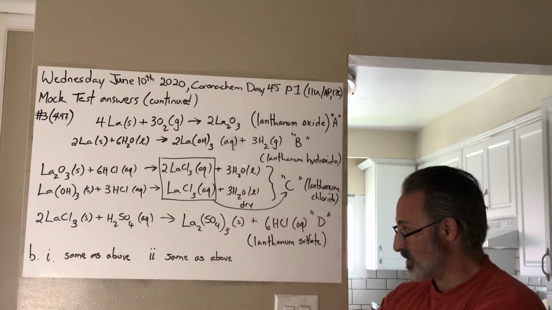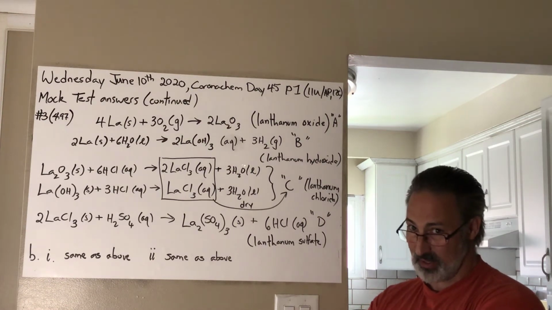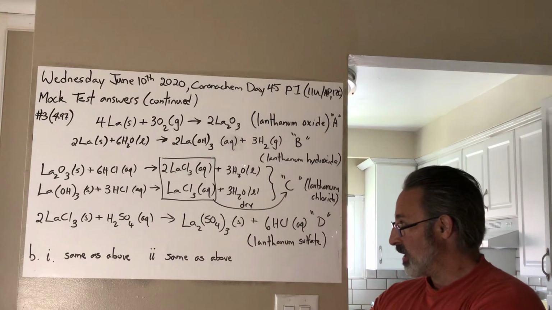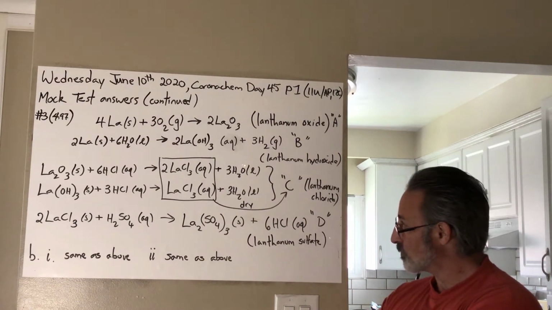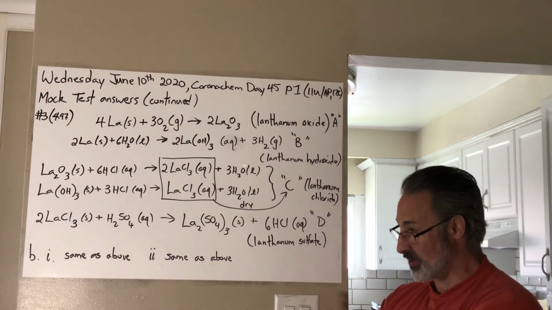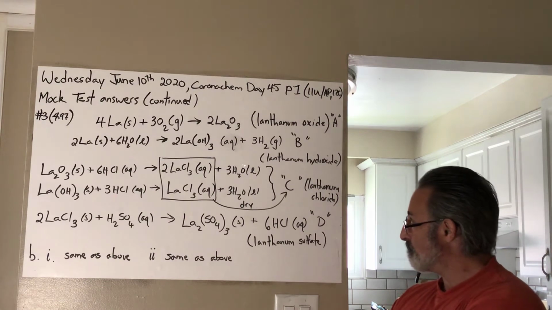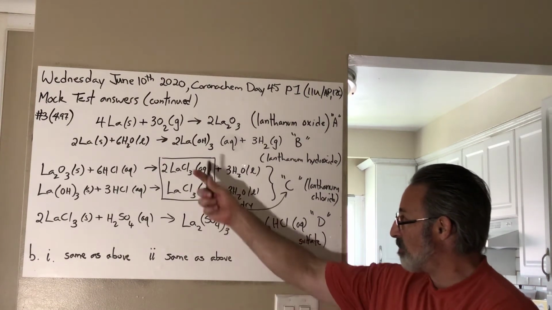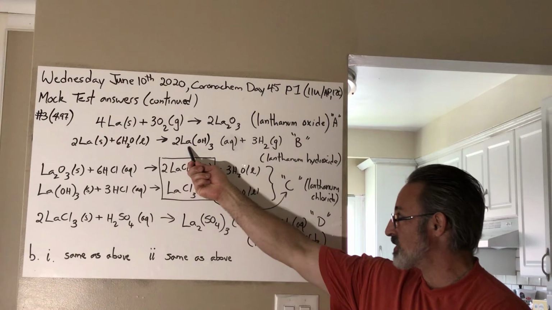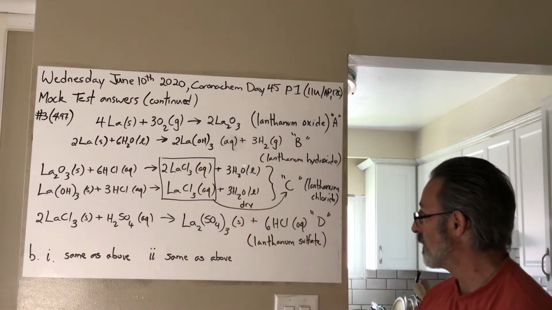So hydrogen appears in the middle. They arbitrarily assigned it an oxidation voltage of 0, or a reduction voltage of 0, either way. So compound B would be lanthanum hydroxide.